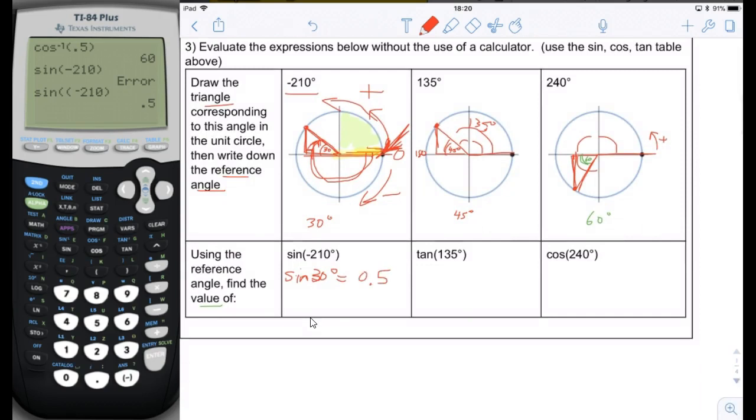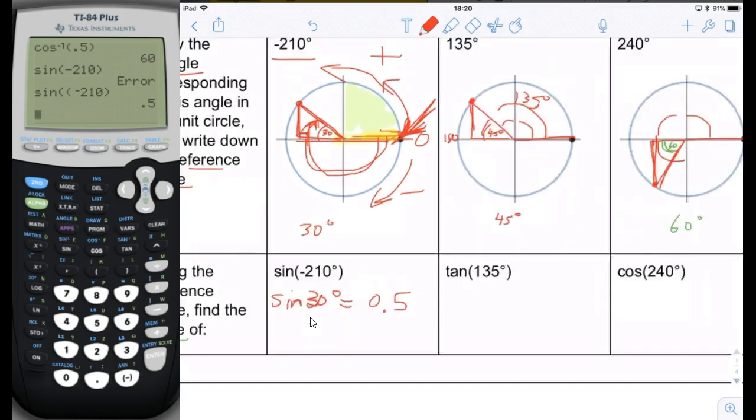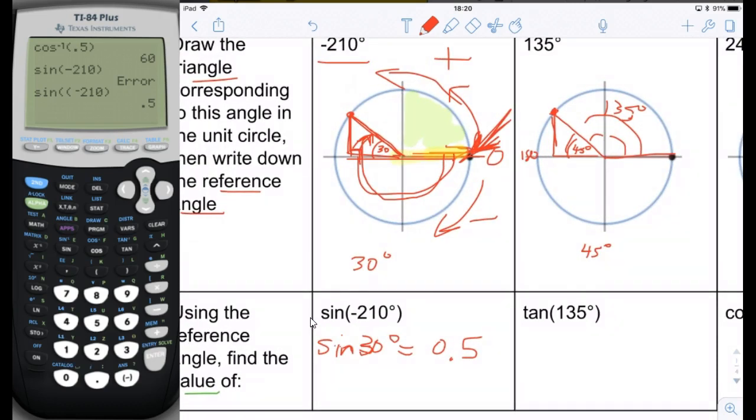Now the question is, what is the sine of negative 210 degrees? Sine, remember, is opposite over hypotenuse, right? So in this case, I'm looking at the sine of negative 210 degrees. It's this triangle here. The opposite would be this line here, and the hypotenuse would be this line here, right? Now, is the green length positive or negative? The only thing that would make it negative would be if it's pointing down. In this case, the green length is pointing up, so that means the opposite is positive.